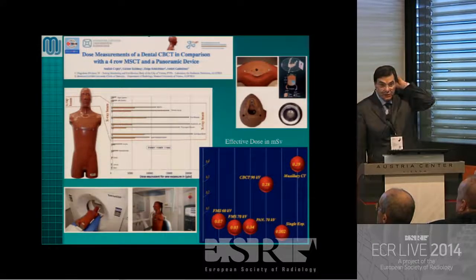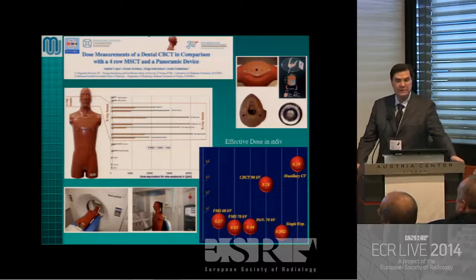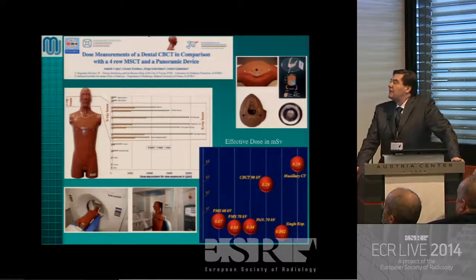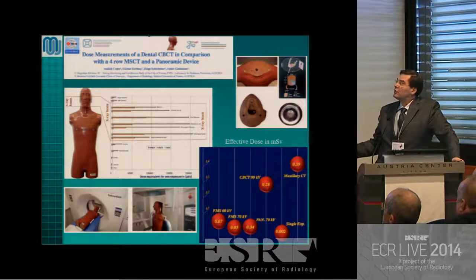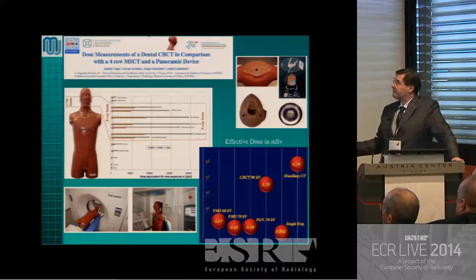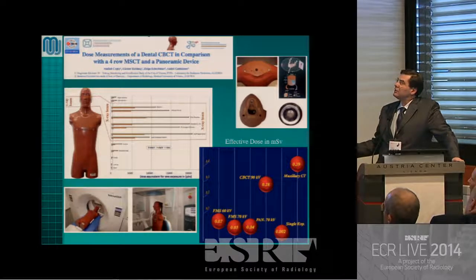We have done a little research and measured how the different dental radiologic devices perform, and you can see that our cone beam CT, which we have from a Japanese company, is quite near to the multi-slice CT, a little bit lower, and the conventional dental film or panoramic device is much, much lower.